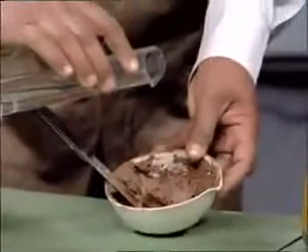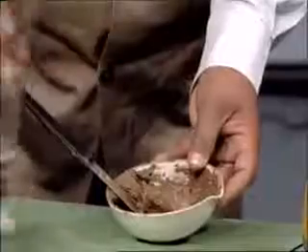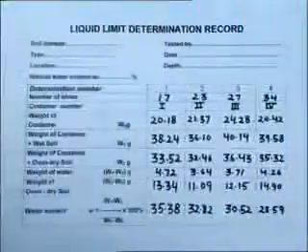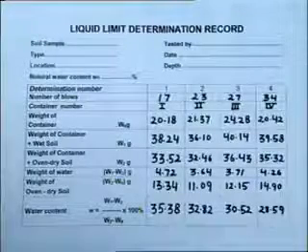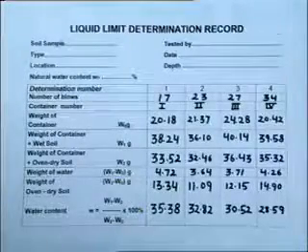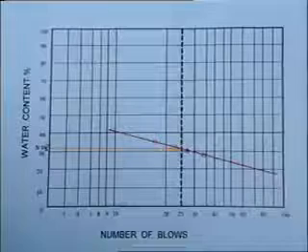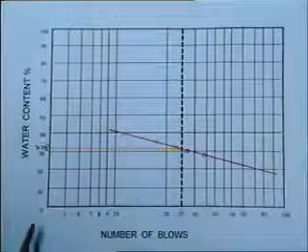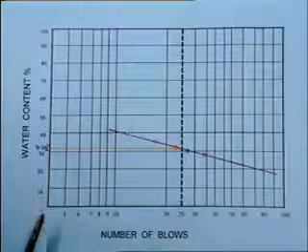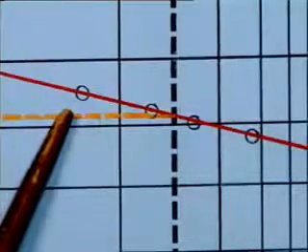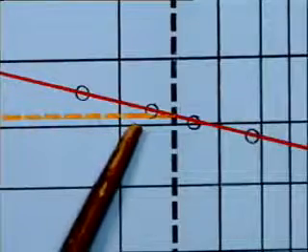Now repeat the procedure with different water contents, that is from drier to wetter condition of soil, and record the various observations 3 to 4 times. Now to analyze and interpret the results for liquid limit test, we plot a graph between number of blows and water content on a semi-log graph, making use of readings recorded during various tests.